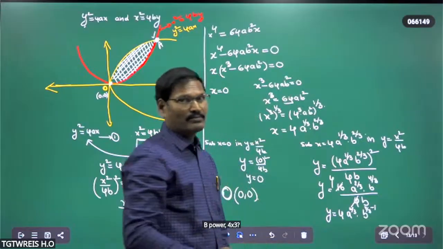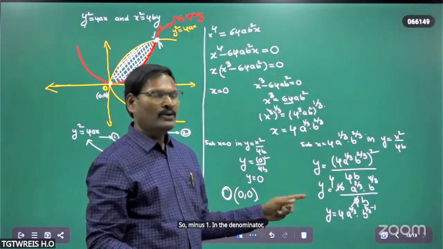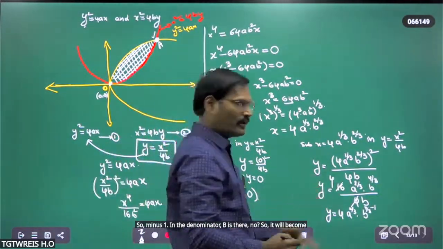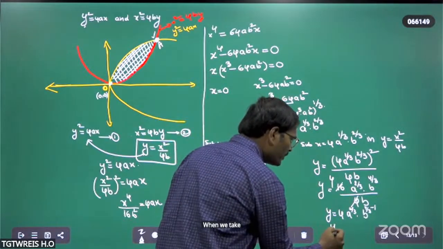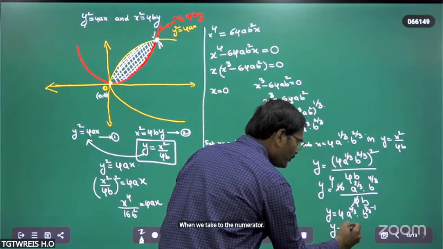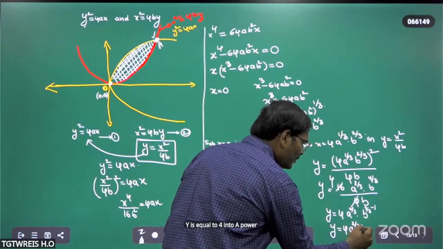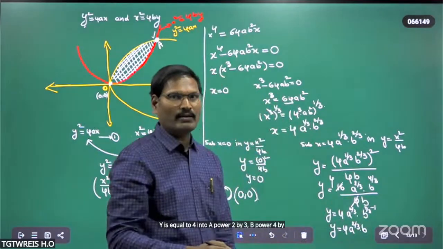So minus 1, in the denominator b is there now, so it will become minus 1 when we take it to the numerator. y is equal to 4 into a power 2 by 3 b power (4 by 3 minus 1), that is 1 by 3.